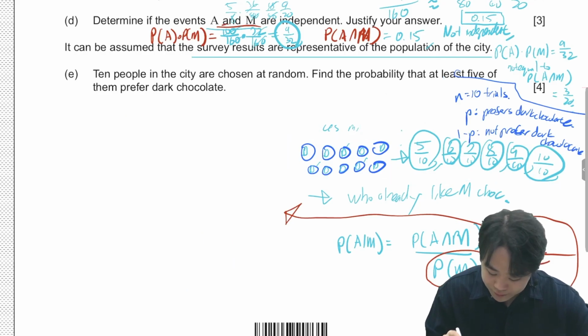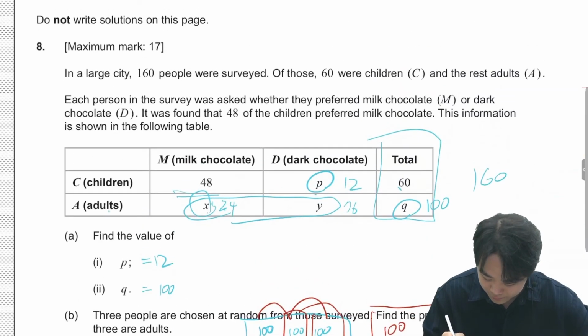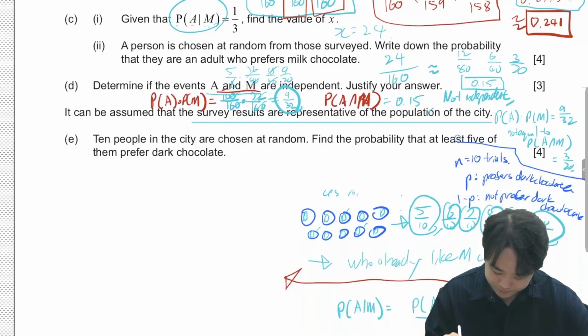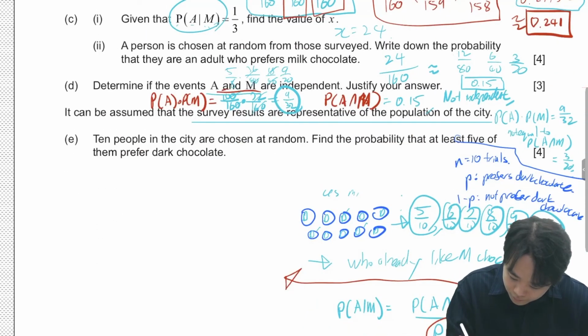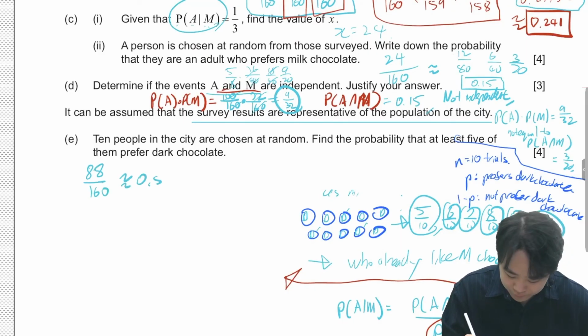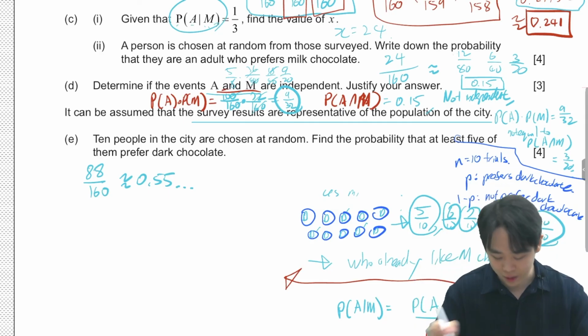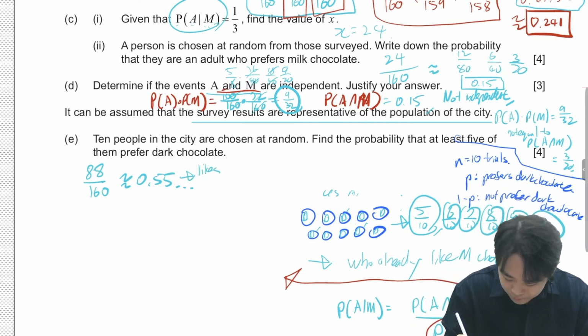So the probability of someone liking dark chocolate from this situation is 88 out of 160, which is roughly 0.55. That's the probability that one person is going to like dark chocolate. So if you have 10 adults, we might want to look for the probability of X equals D.